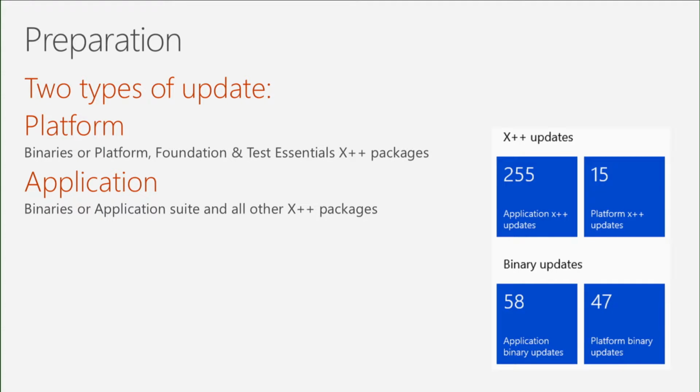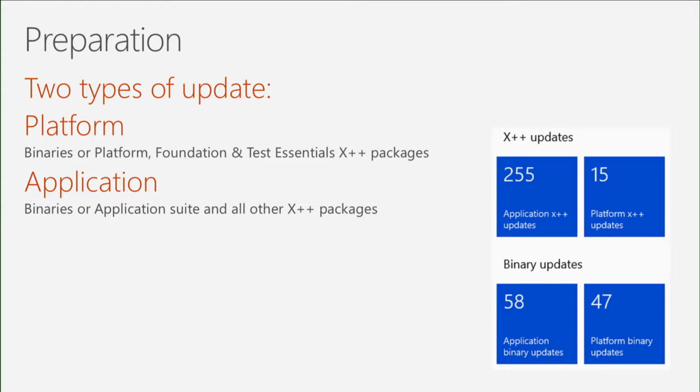So, the first thing is to acknowledge a difference between the two major kinds of update. Platform updates, if you're familiar with previous versions of AX, are the equivalent of a kernel update. That's the closest comparable thing. Platform updates are about the underpinnings of the application server, the basic frameworks of security that enable you to log in and data access, and those kinds of back-end components, if you like.